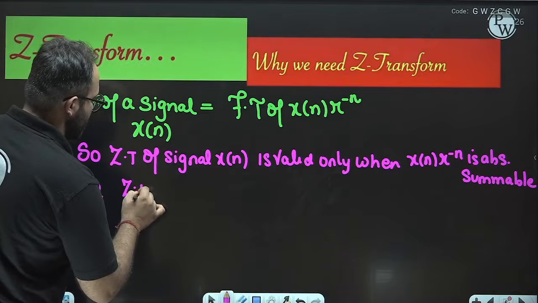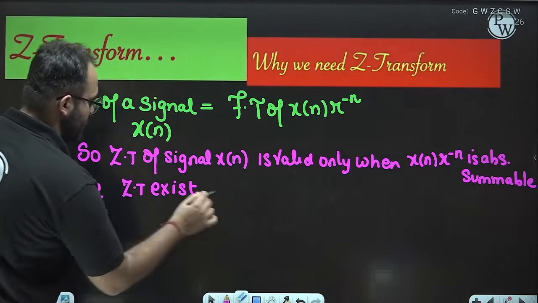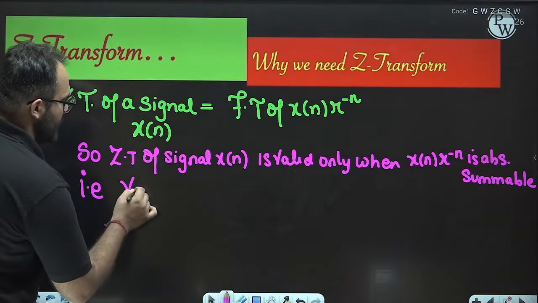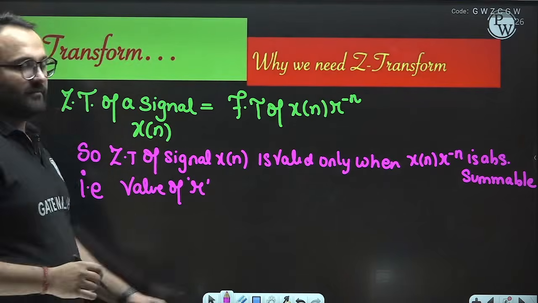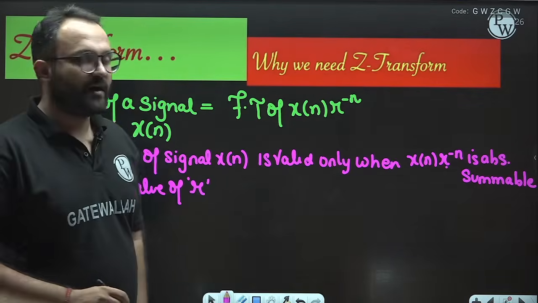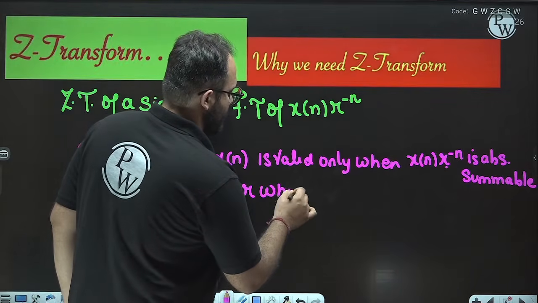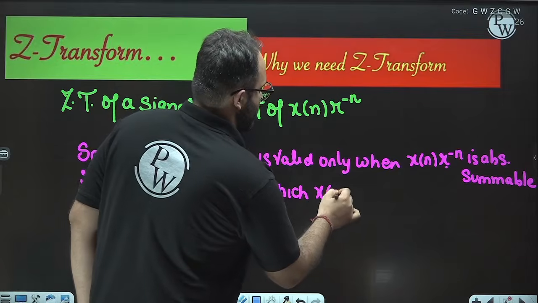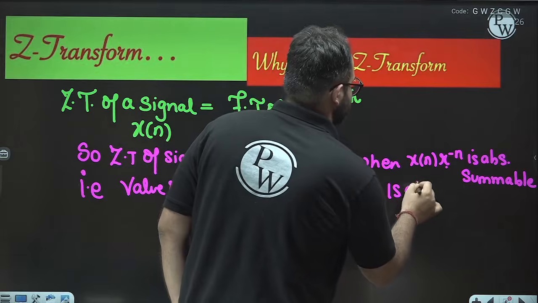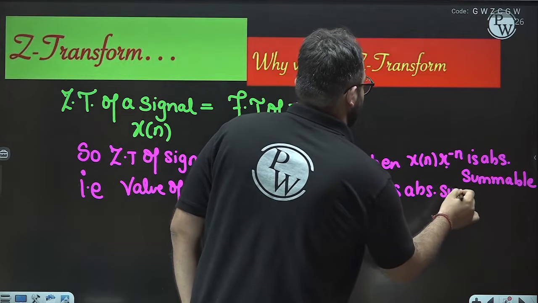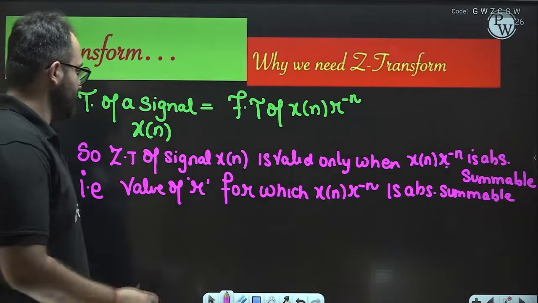The values of r for which x[n] r to power minus n is absolutely summable is called the ROC of Z transform.